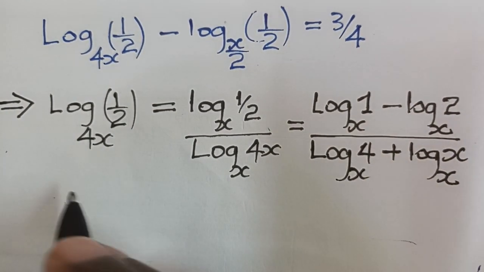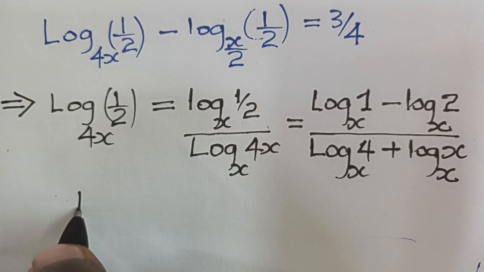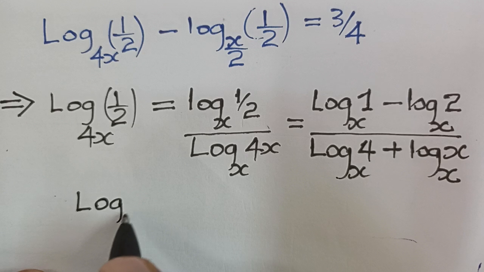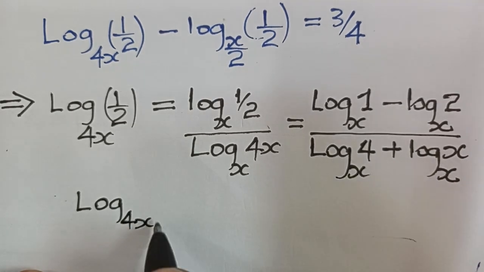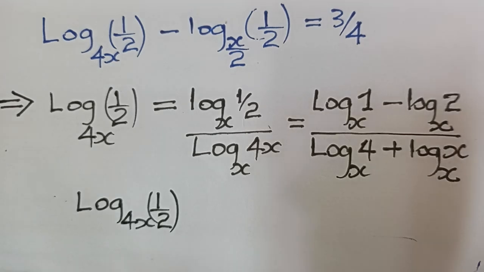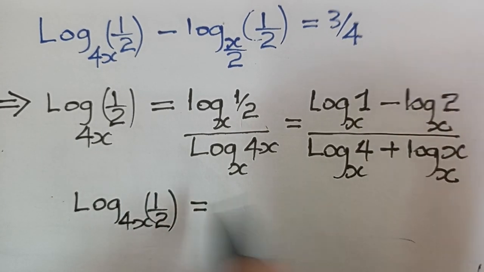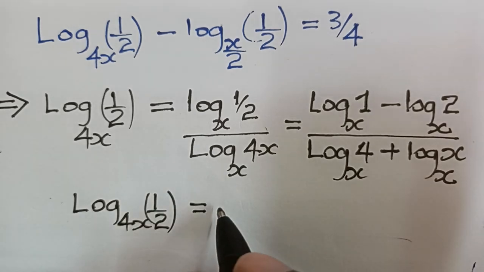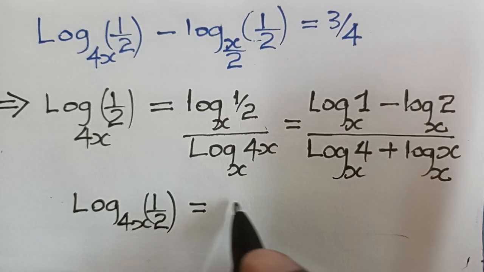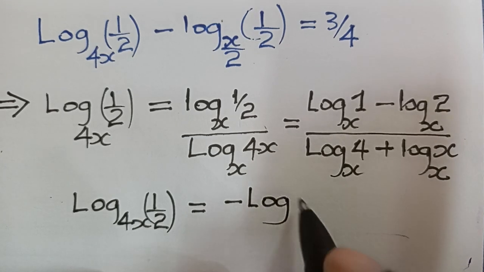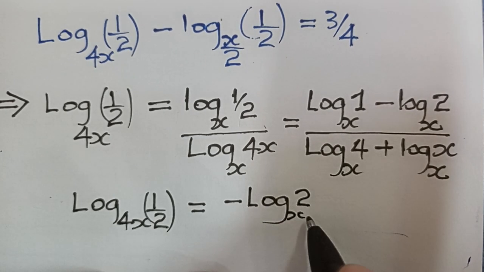And so the first term, guys, we shall have log 2 base 4x over half. Guys, this one gives us log of 1 to base x. This one gives us 0. And then we are left with minus log of 2 to base x all over.